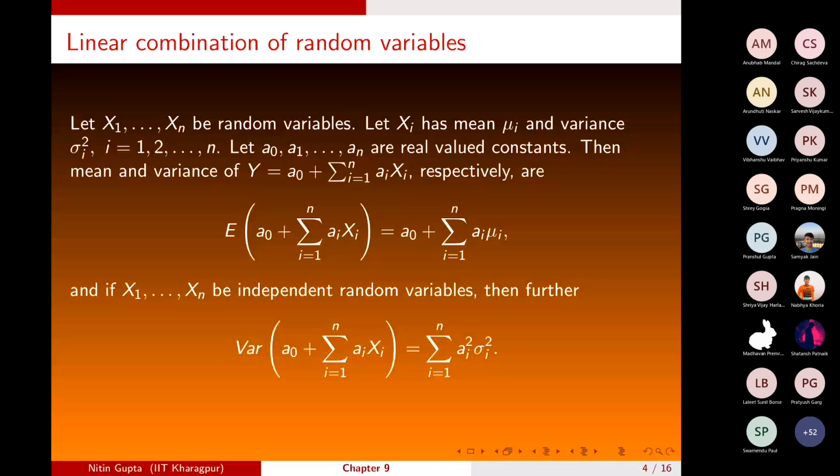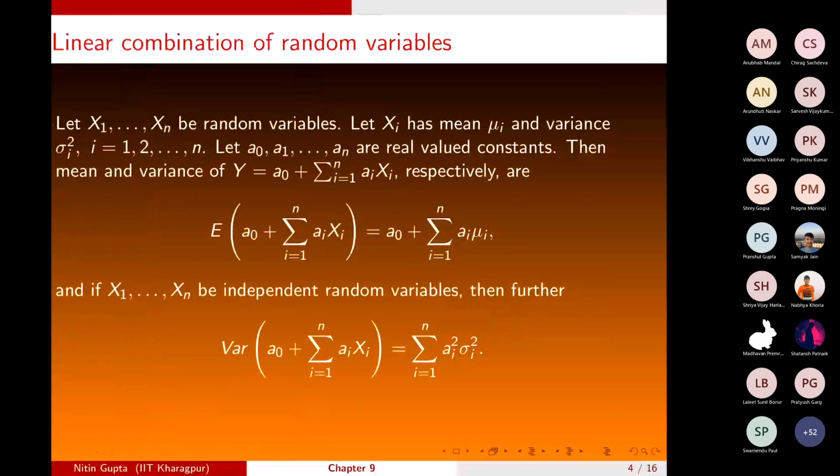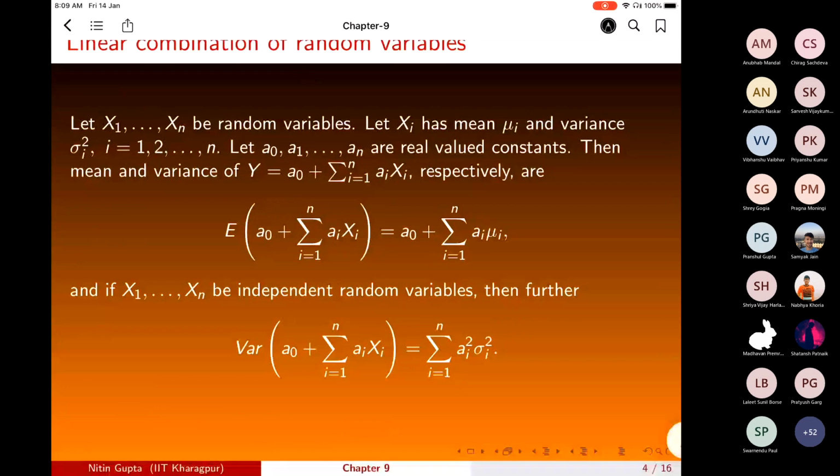Let x1, x2, up to xn be random variables. Random variable xi has mean mu i and variance sigma i square, and a naught, a1, up to an are real valued constants. Then let us define y is equal to a naught plus the summation of ai xi, i from 1 to n.